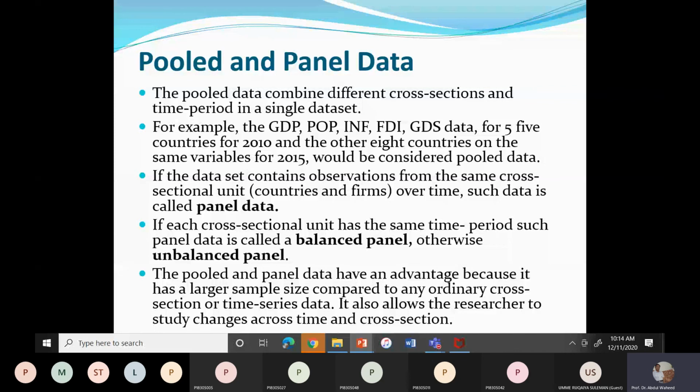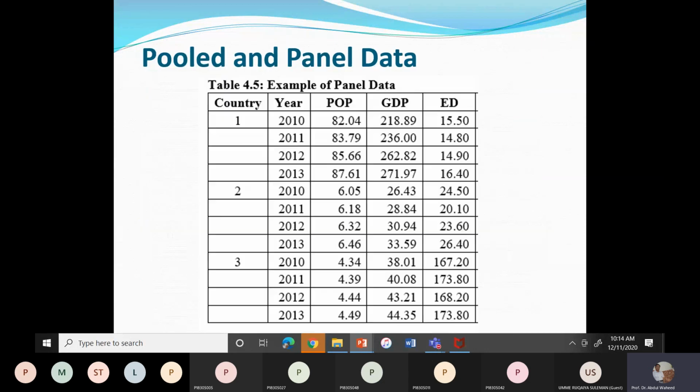That's why we use panel data or pooled data. We have a bigger sample size, and we know that with a bigger sample size we will get better results compared to a small sample size.